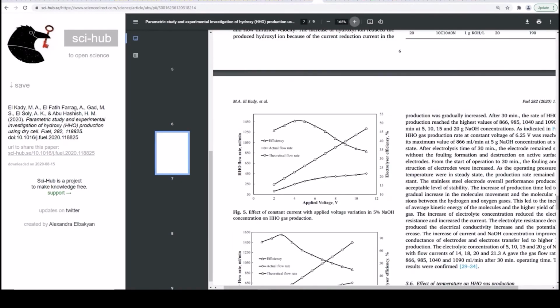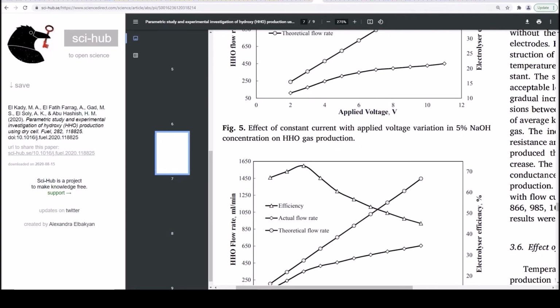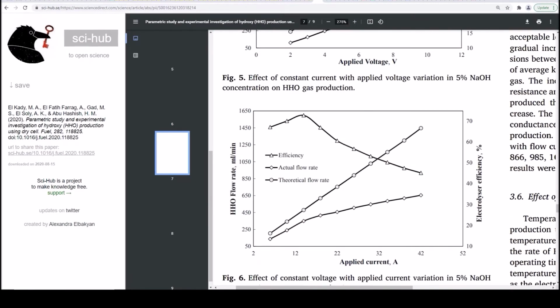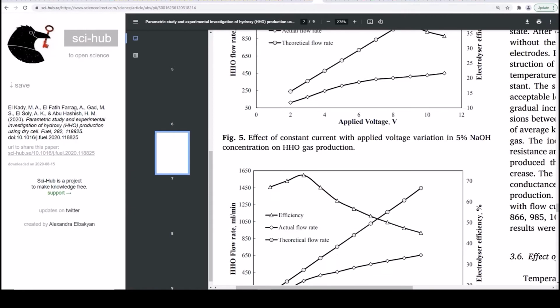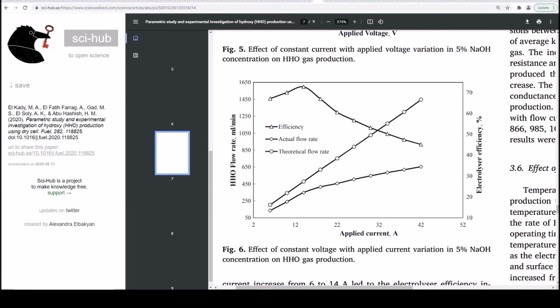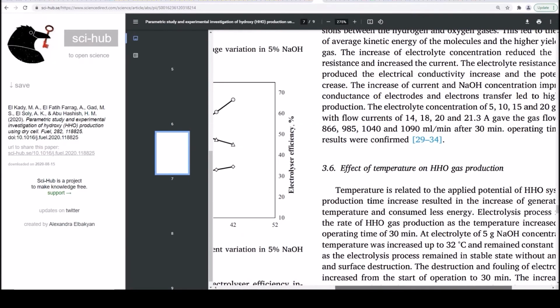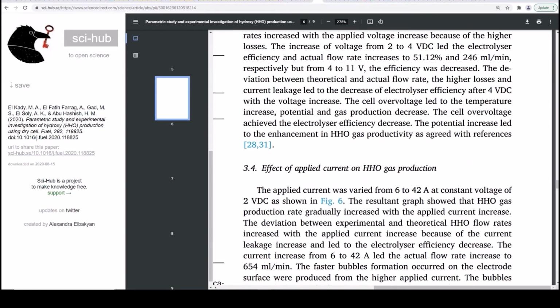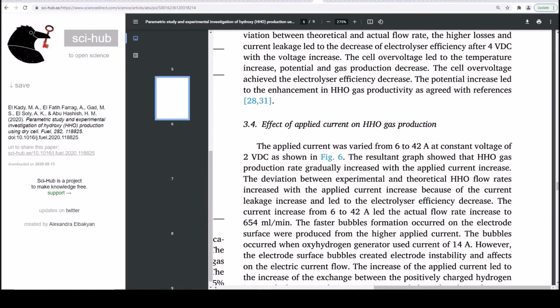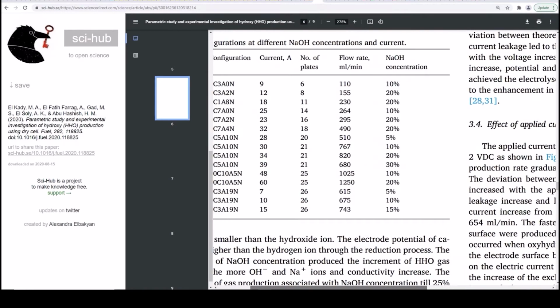Now you can see this chart here is for constant voltage with varying current. So they're producing just about 650 milliliters of HHO gas at a current of 42 amps. Now this is figure 6, they say here that it's a constant voltage of 2 volts.